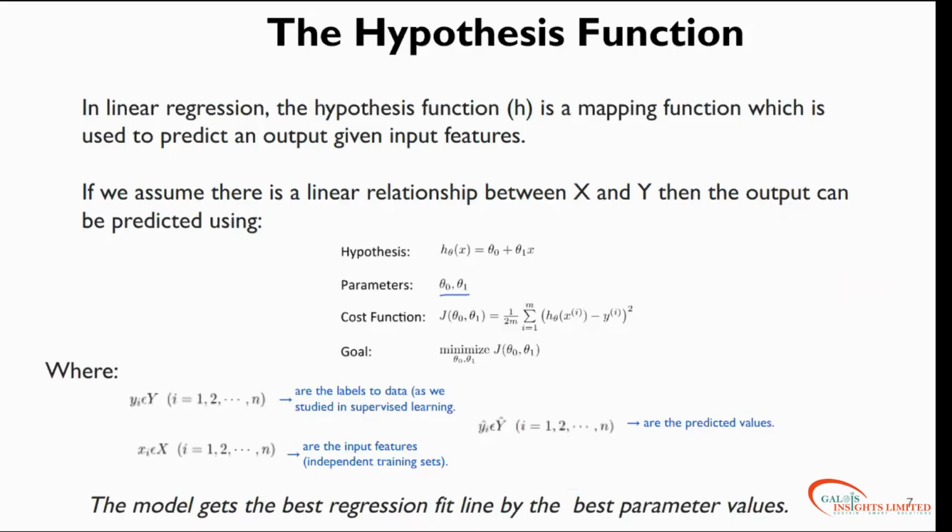Now, the whole idea about linear regression is to look for what we call the hypothesis function or the objective function. In linear regression, the hypothesis function is normally denoted by h, and is simply a function that maps the input features to an output feature.